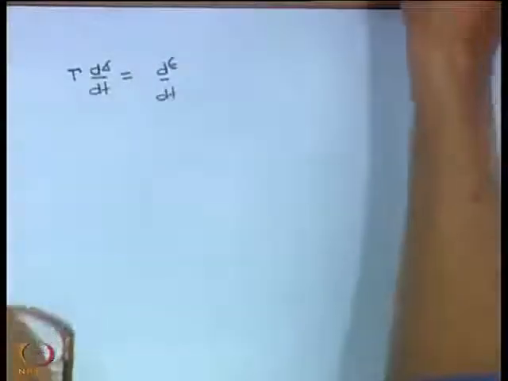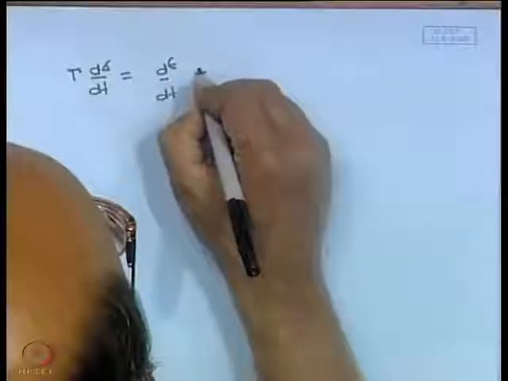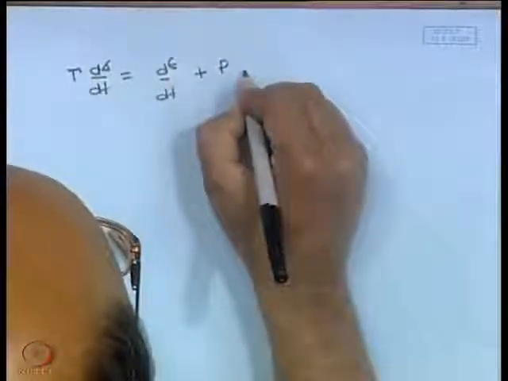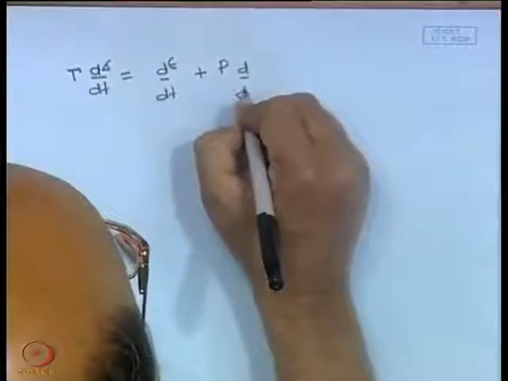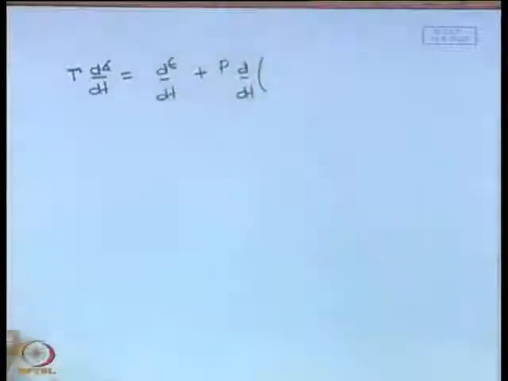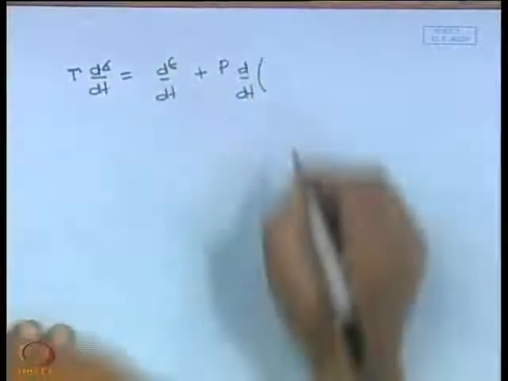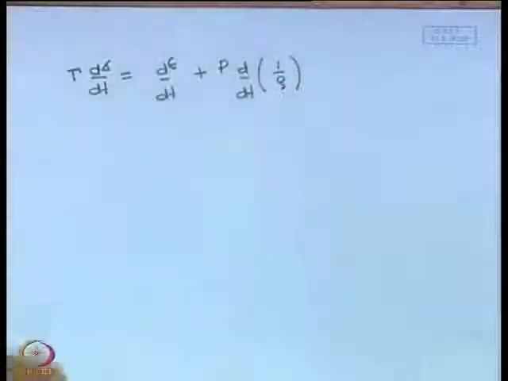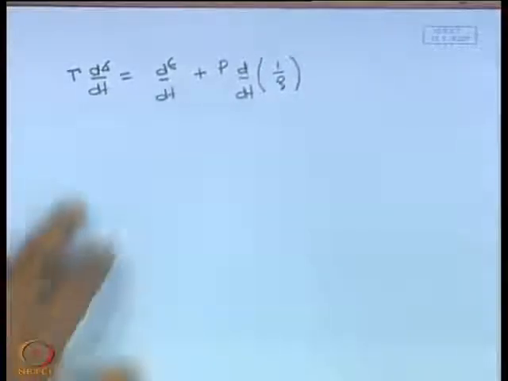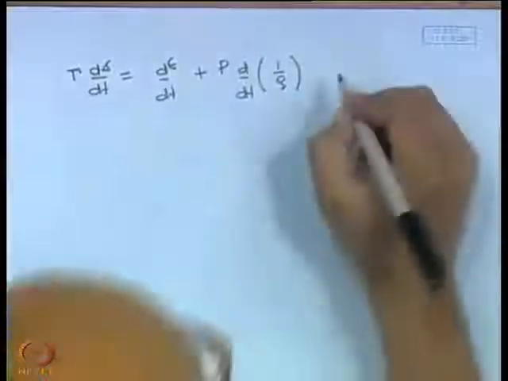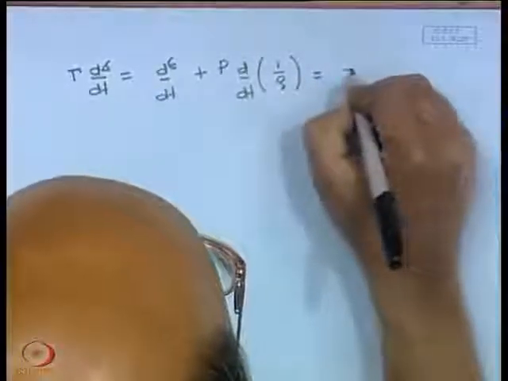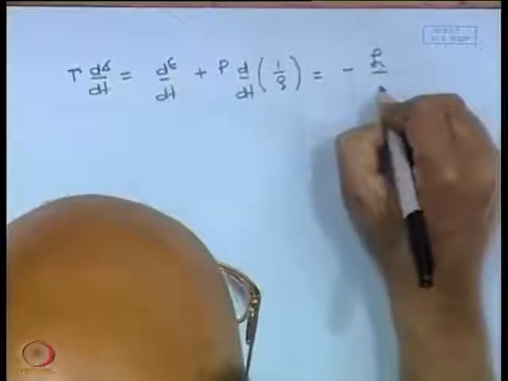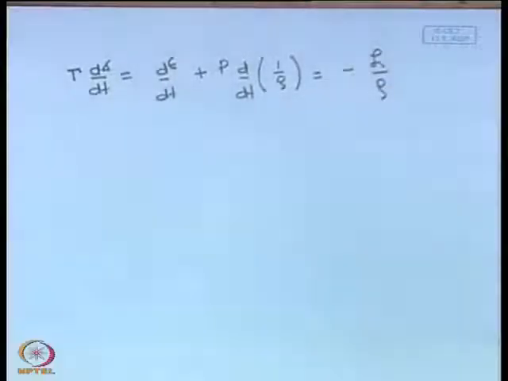So I will have one more term, which is plus P into d by dt. Now the volume per unit mass is going to be 1 by the density. Density is mass per unit volume, so volume per unit mass is 1 by the density. So the same equation now becomes this, and this is equal to minus the heat loss per unit mass.